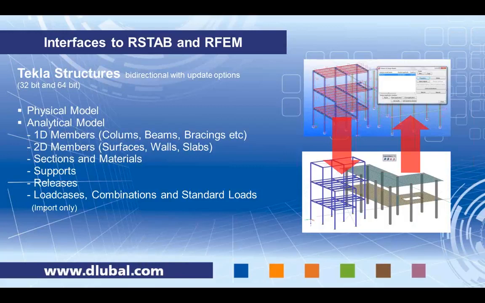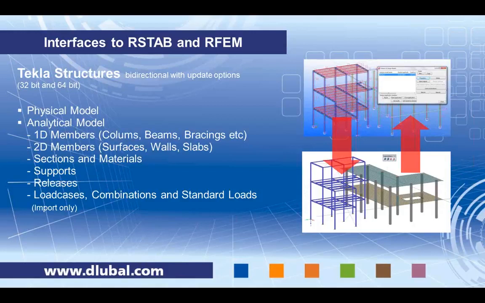And when we exchange data from one system to the other, we have to deal with conversion of different section names and material names. What we might use in the bill of material in the BIM software or in the CAD software might not be the correct code designation of a material or cross-section in the analytical model.